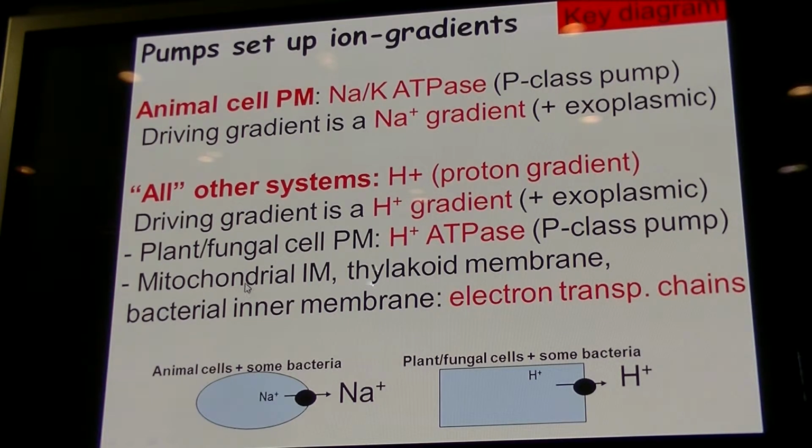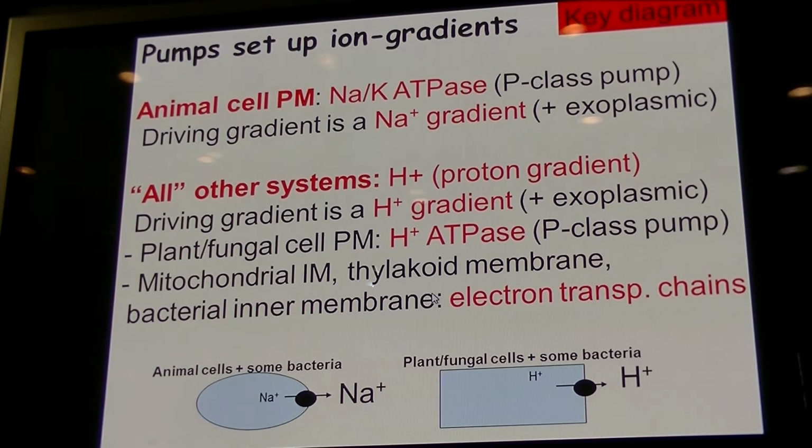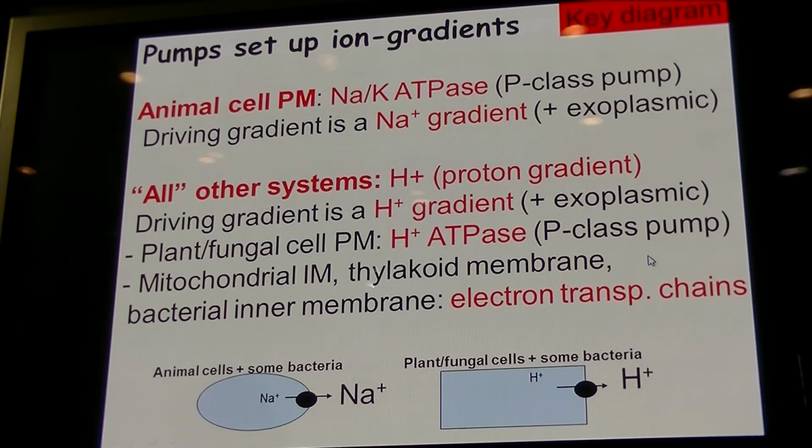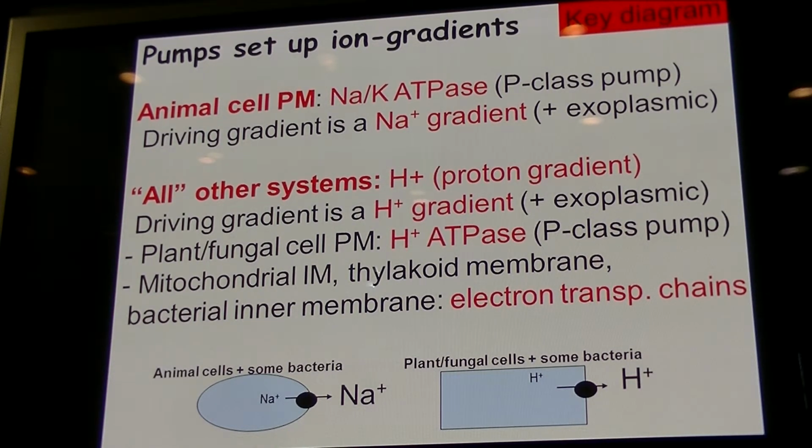So the mechanism of respiration and photosynthesis involves the formation of a proton gradient. Importantly, for these systems, we'll later see that the proton gradient is used to actually synthesize ATP. The bacterial inner membrane also has electron transport chains that generate these proton gradients.